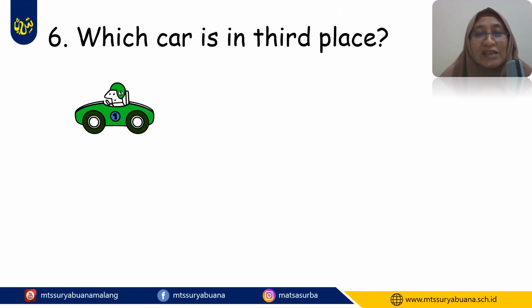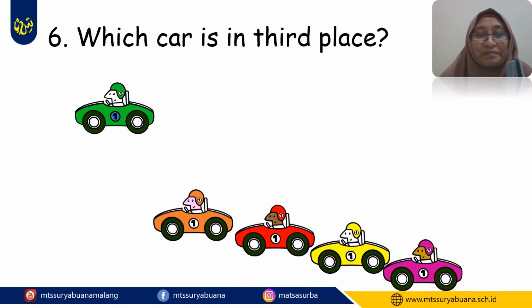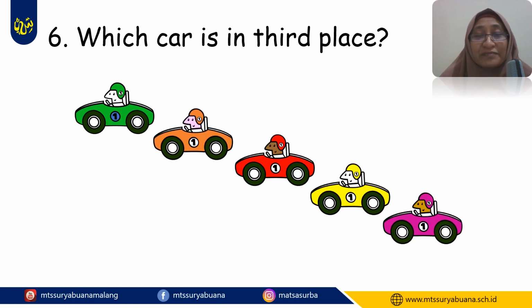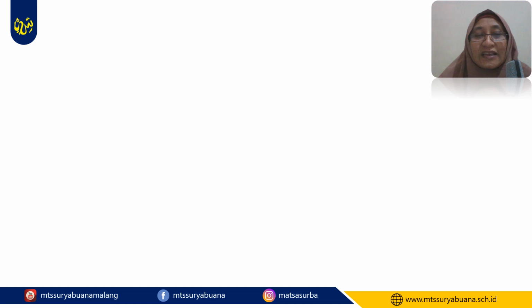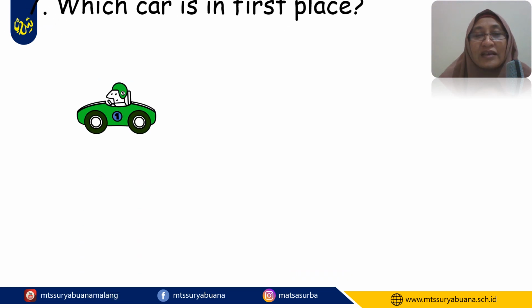Okay, do you still remember that ordinal numbers can be used to show or to say the order? Okay, look at these cars. They are having race. Okay, now the question is, which car is in the third place? Number 7.